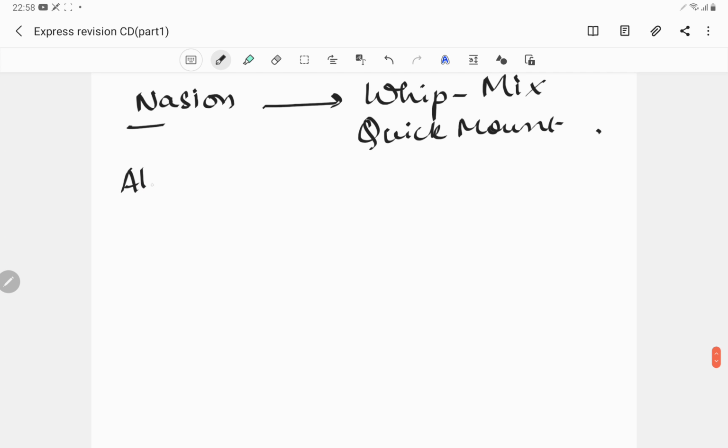Camper's line is the ala-tragus line, so the ala of the nose to the tragus is Camper's line, right?